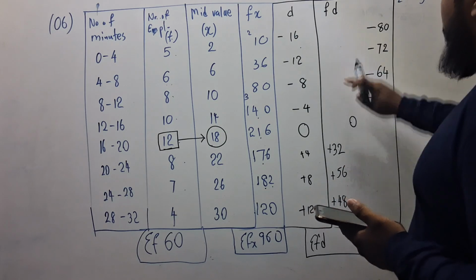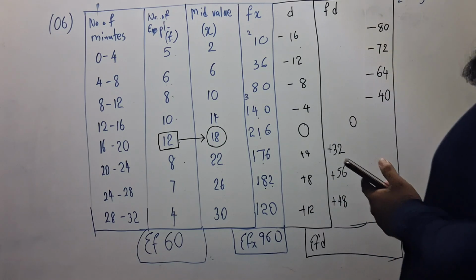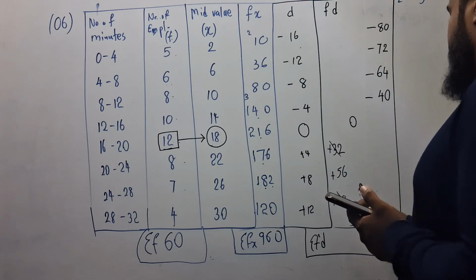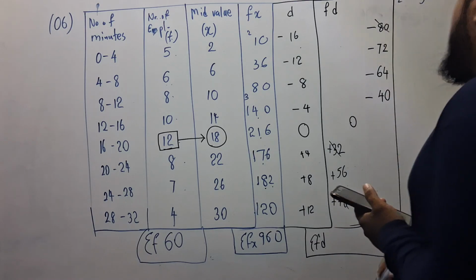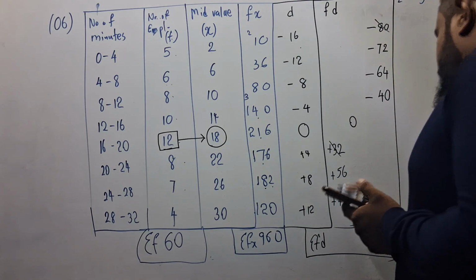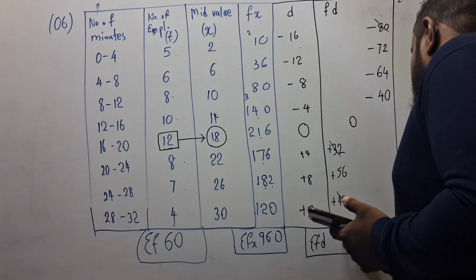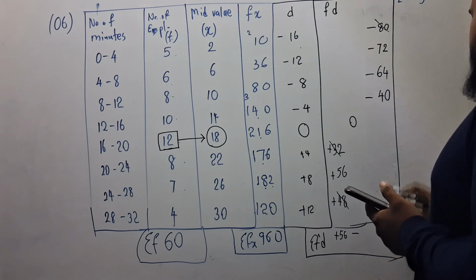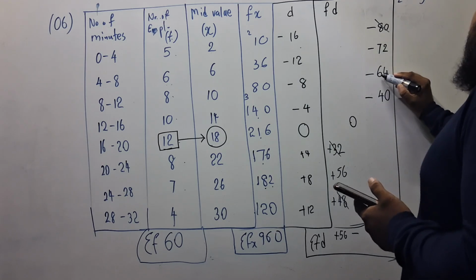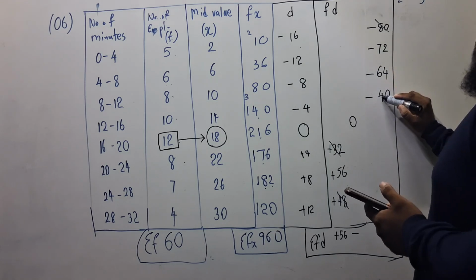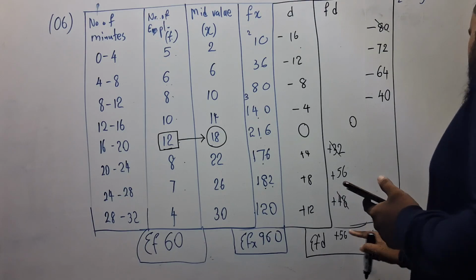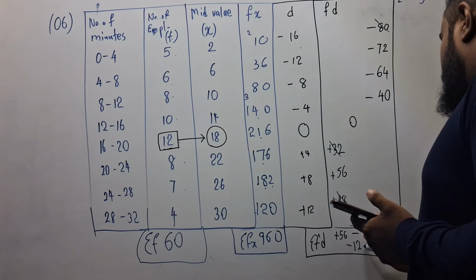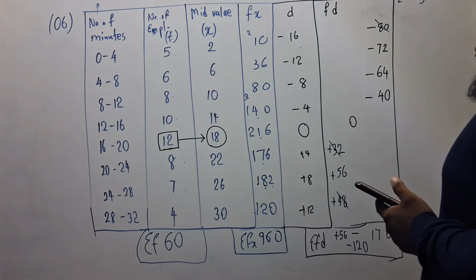If there are the same positive and negative values, we can cut them. 48 plus 32 becomes plus 80, which cancels the minus 80. So plus values become plus 56. The sum of negative values: 72 plus 64 is 136, plus 40 is 176. Plus 56 and negative 176 makes negative 120. Negative 120. Okay.